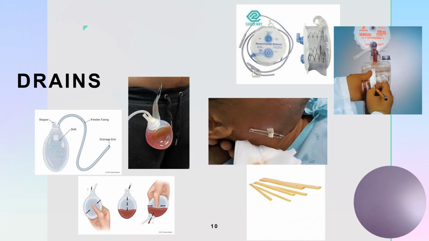This is the only drain that will allow for passive drainage. The other two drains are going to be your active drainage. One drain I don't have on here is a T-tube. A T-tube would be specifically used to drain bile, so used in the event of a gallbladder surgery.